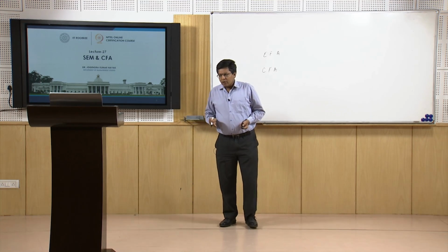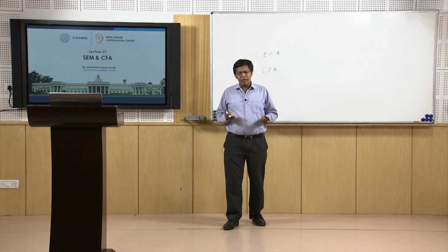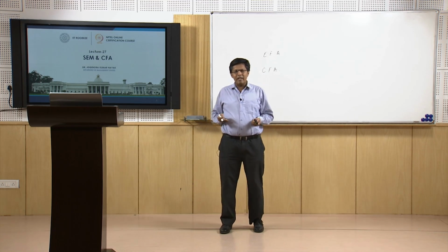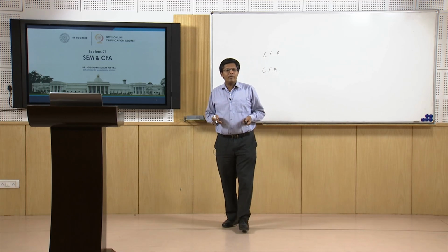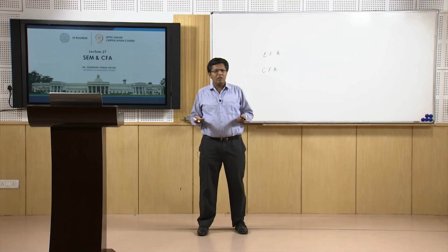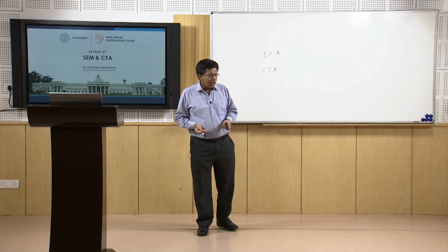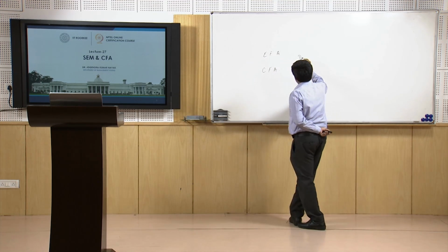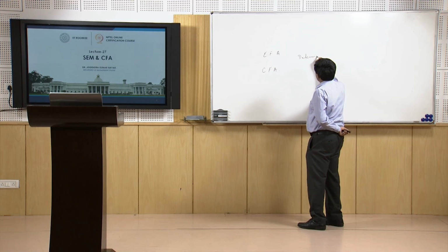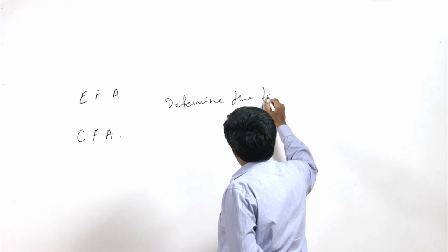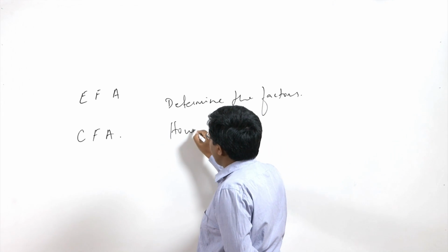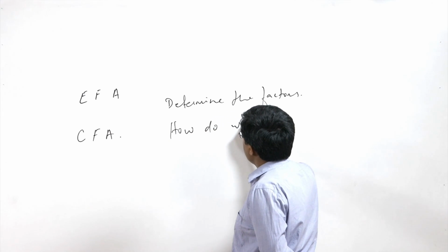After doing the factor analysis we came out with the factors, and then we thought of how we could use those factors for our further studies. So the first stage was to determine the factors, and in the second stage, how do we use these factors?